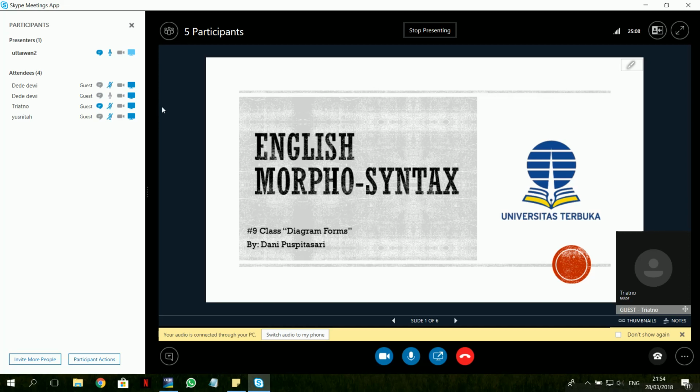Based on the Universitas Terbuka policy, students have to sign the paper as proof of their attendance. I hope that all of you can come on Sunday, 8 April 2018.